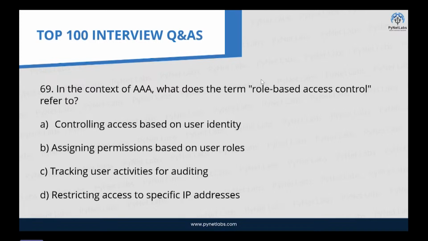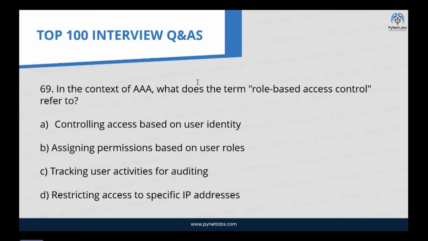When I'm talking about option B, role-based access control, guys, it's just a method of access control where permissions are assigned to the roles and the users are then associated with those roles. It's just a way of managing and organizing the permissions in a more scalable and maintainable manner.